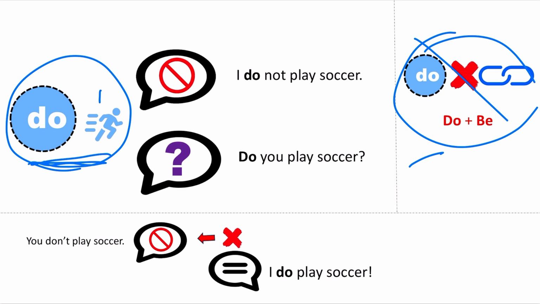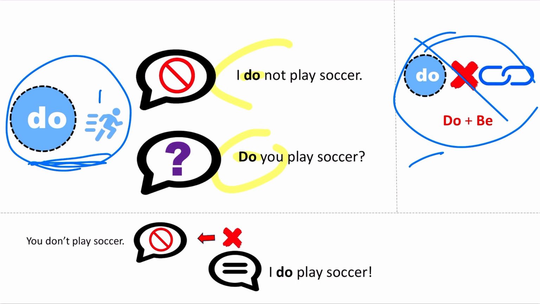We can either make a statement, negative, I do not play soccer, or it comes at the beginning of a question. Do you play soccer? These are the only times you really need to use do. So when you hear do, it means it's really important. It means this is a question or this is a negative.